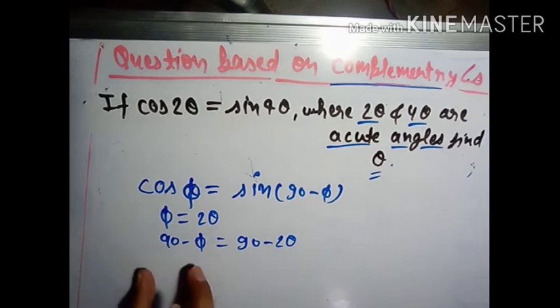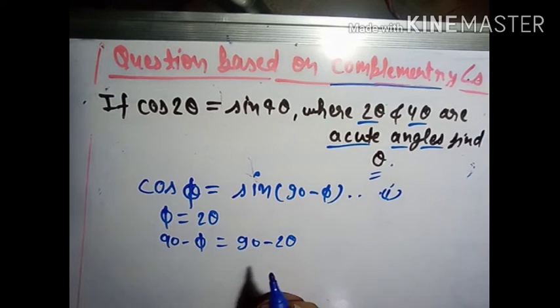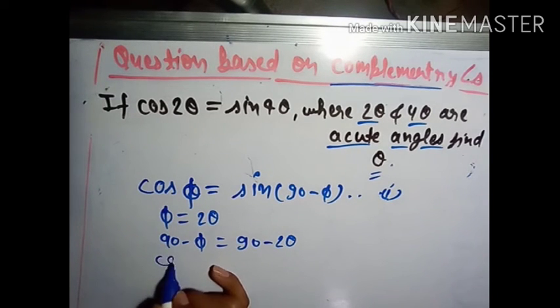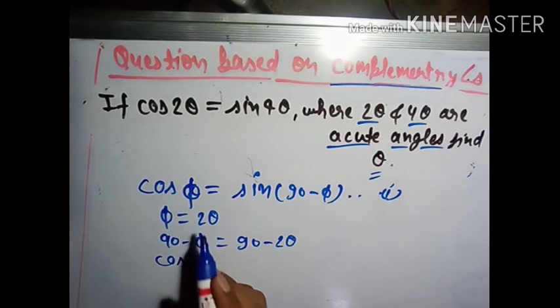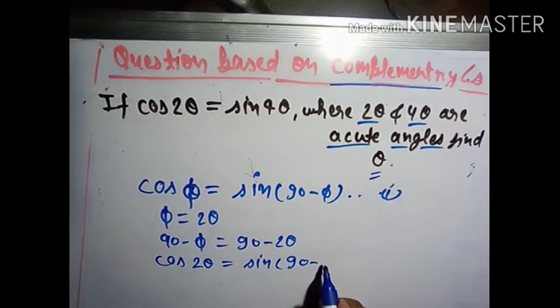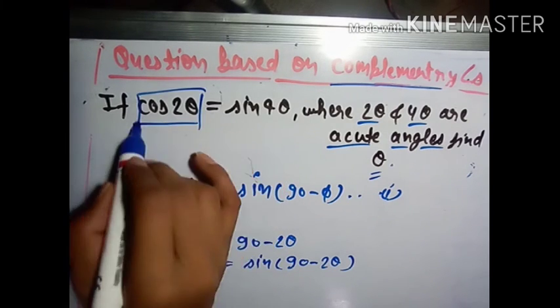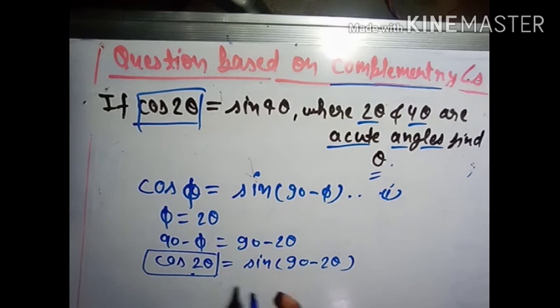Now putting these values in the equation first. So do it, come on, quickly. Cos phi is equal to how much? Look, 2 theta. So cos 2 theta is equal to sine 90 minus 2 theta. Now in place of cos 2 theta, you can put sine 90 minus 2 theta.